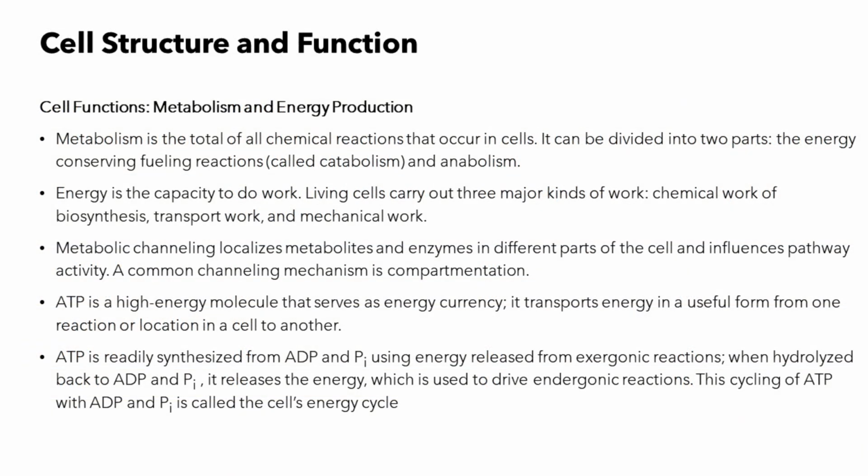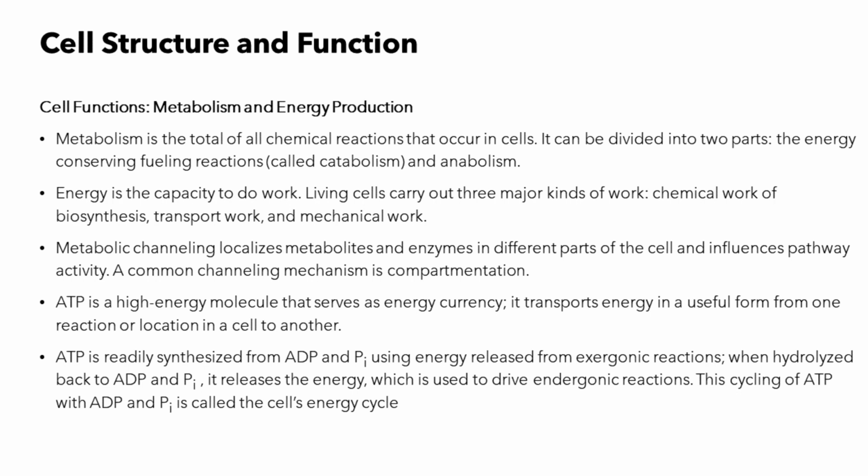Cell structure and function. Cell functions, metabolism and energy production. Metabolism is the total of all chemical reactions that occur in cells. It can be divided into two parts: the energy-conserving fueling reactions called catabolism, and anabolism. Energy is the capacity to do work.